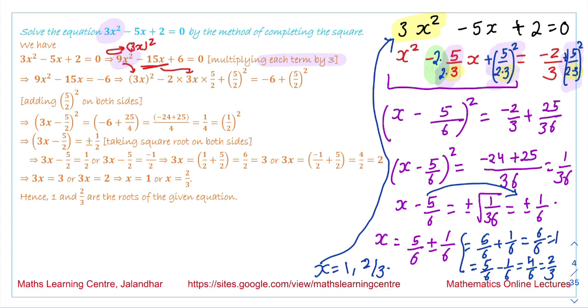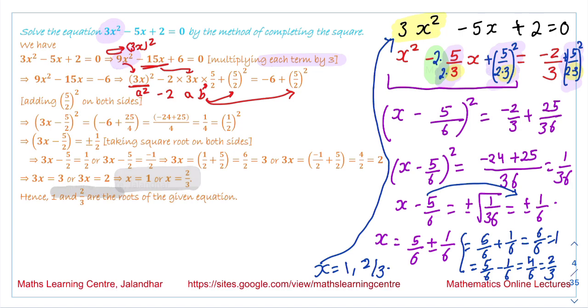Now if we look at this term over here, this is just like a² - 2ab. Now b we have is 5/2, so we have added (5/2)² on this side and (5/2)² on this side, and on solving we have obtained the similar answer, that x is equal to 2/3 and x is equal to 1.